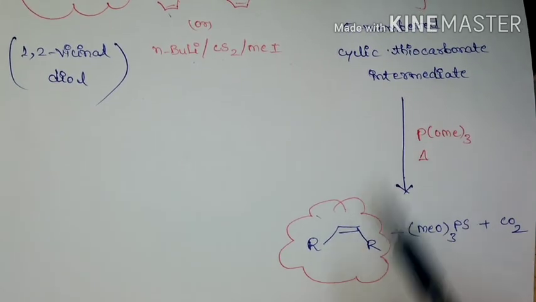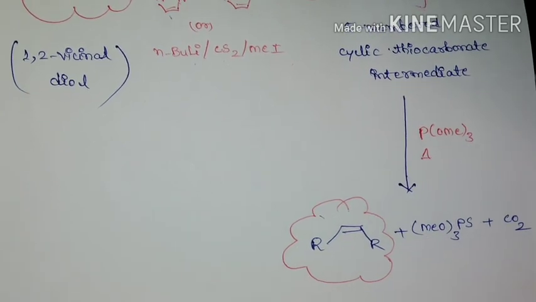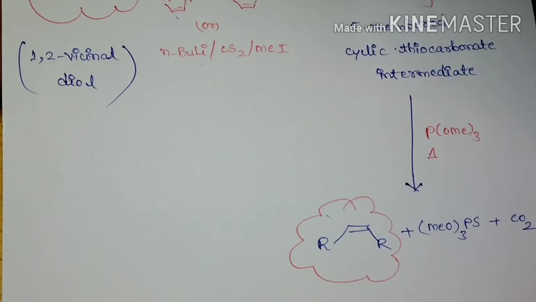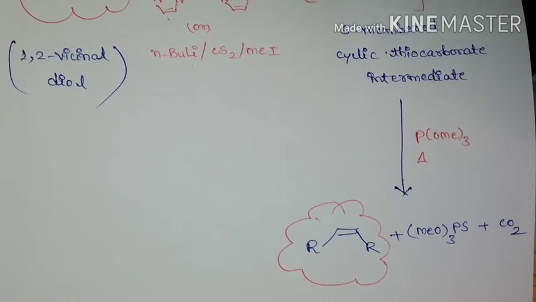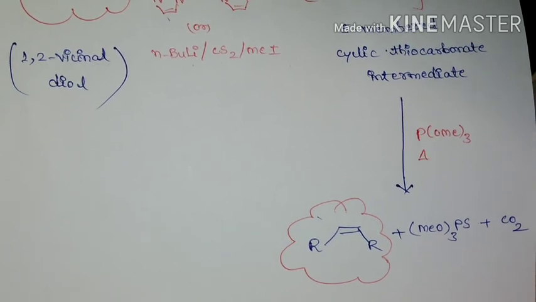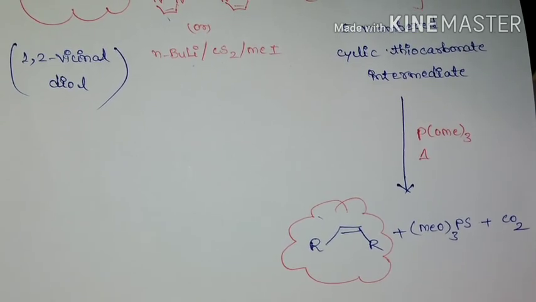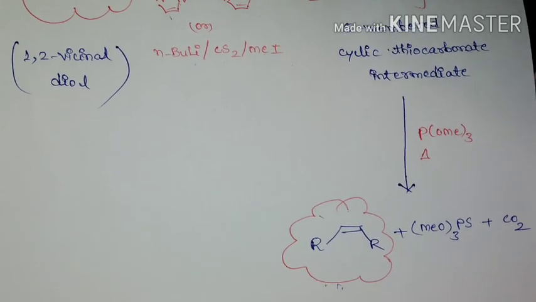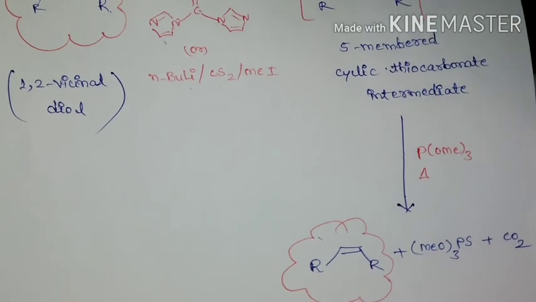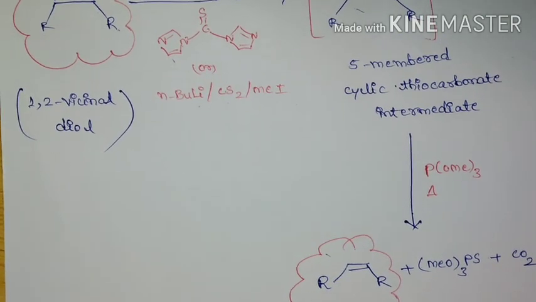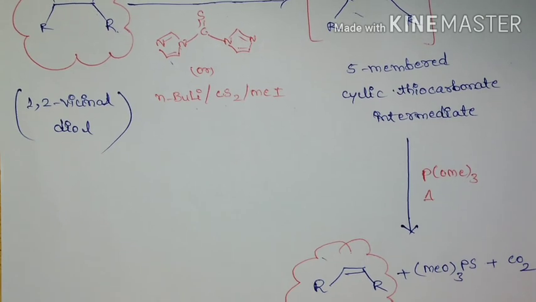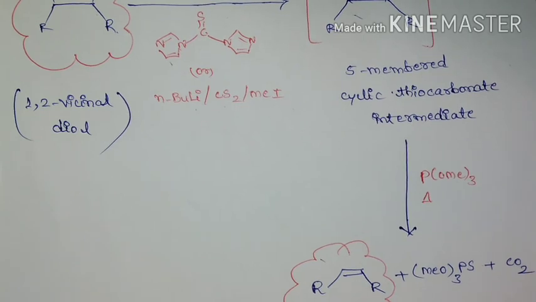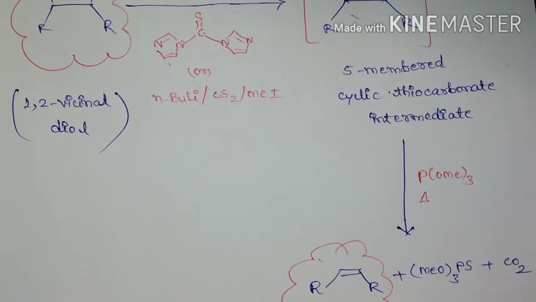There is involvement of a carbene intermediate, which finally leads to the formation of alkene. So this is Corey-Winter olefination, and it also occurs through the Ei mechanism. These are the important syn elimination reactions. Thank you.